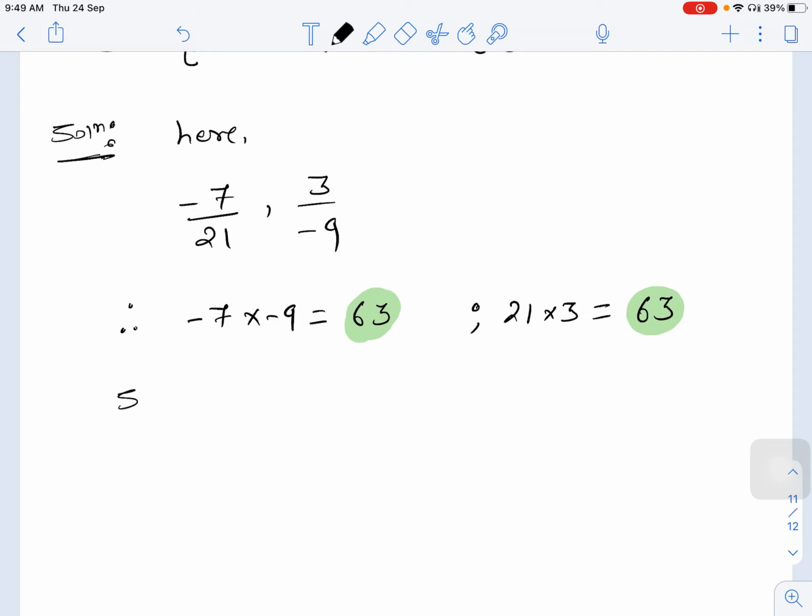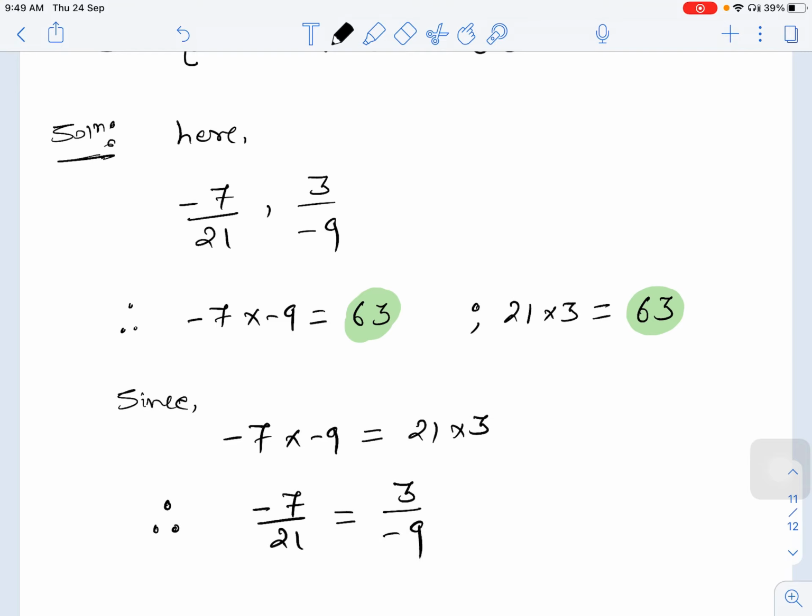Now you can write further, since minus 7 into minus 9 is equal to 21 into 3, therefore what you will get, minus 7 upon 21 is equal to 3 upon minus 9. Okay, sorry, 3 upon minus 9.